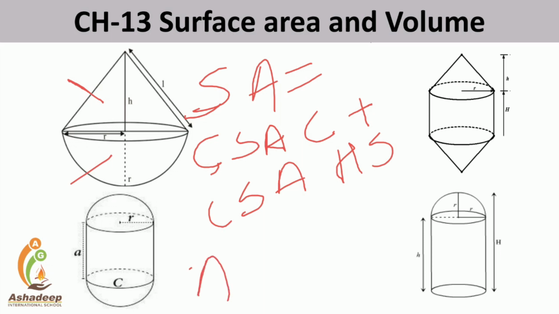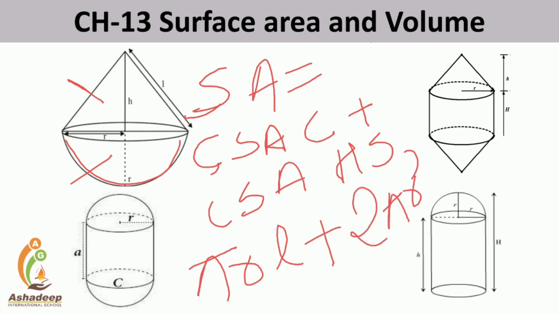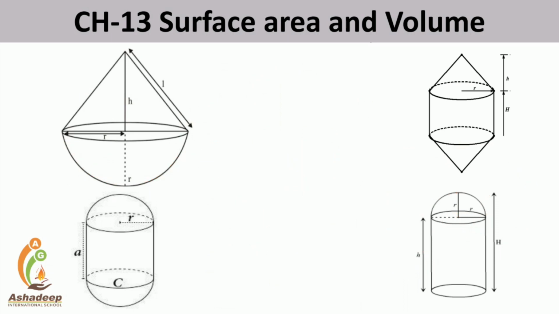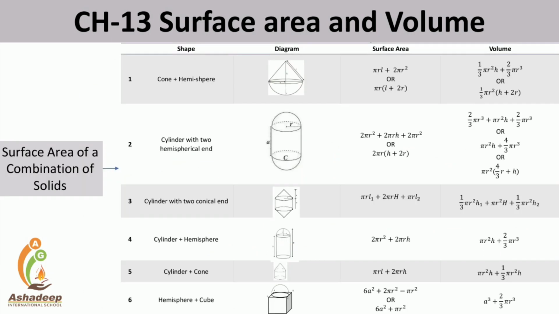That is nothing but pi r l, plus the curved surface area of the hemisphere, which is 2 pi r square. Now pi r is common, so we take pi r in bracket. What remains here? l plus 2r, right? So this is the surface area.